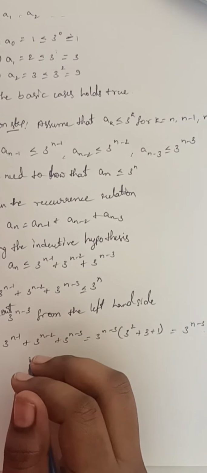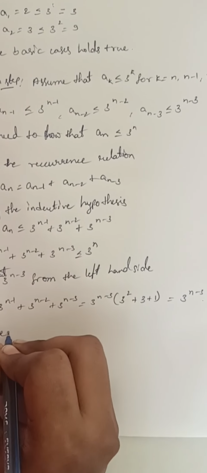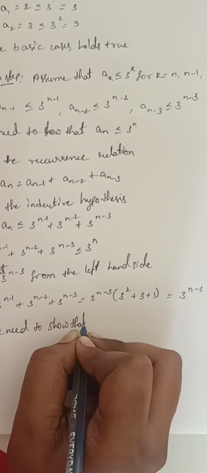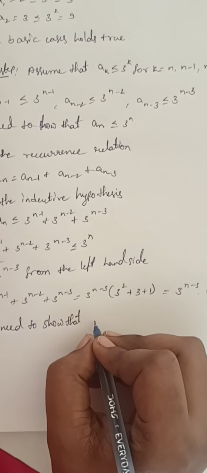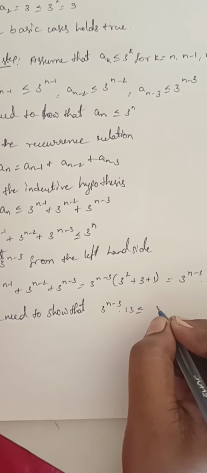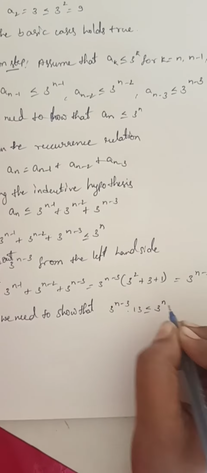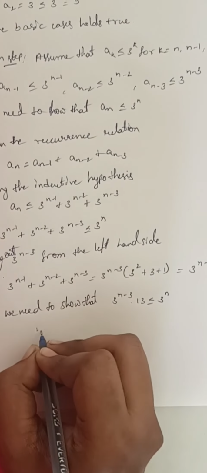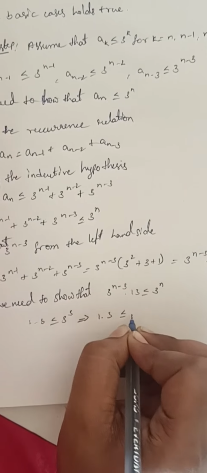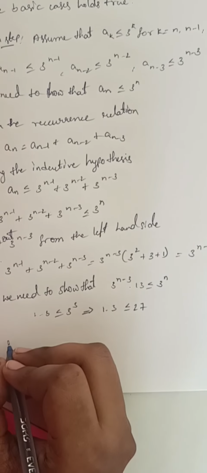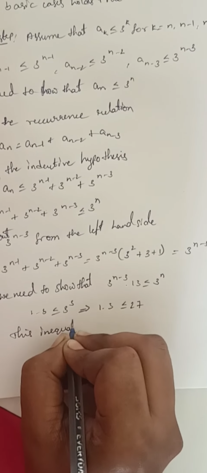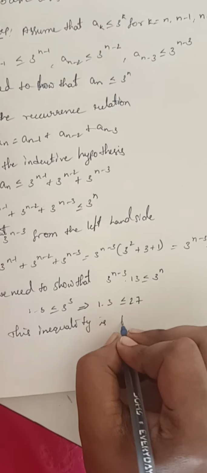We need to show that 3 power (n minus 3) into 13 is less than or equal to 3 power n, that is, 13 is less than or equal to 3 cube, which is 27. This inequality is true.